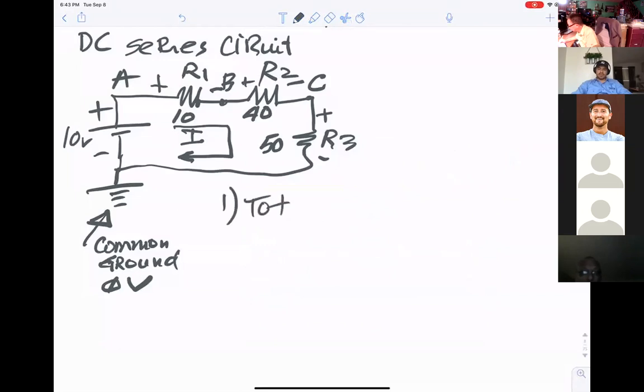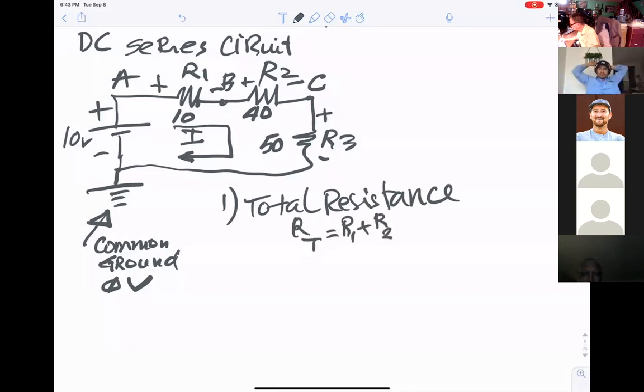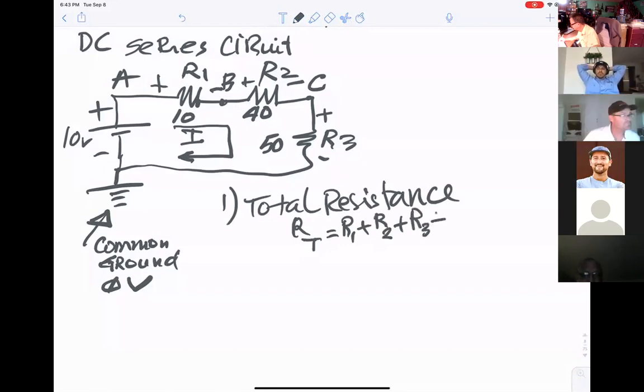Exactly, total resistance. So R total equals R1 plus R2 plus R3 plus Rn.